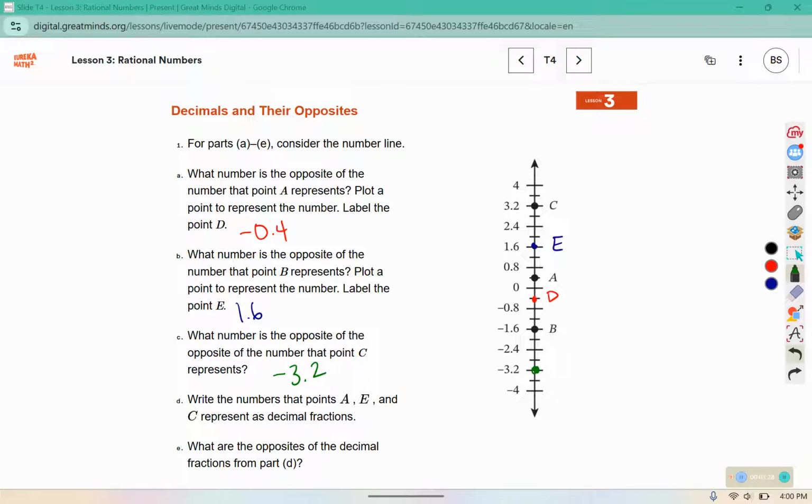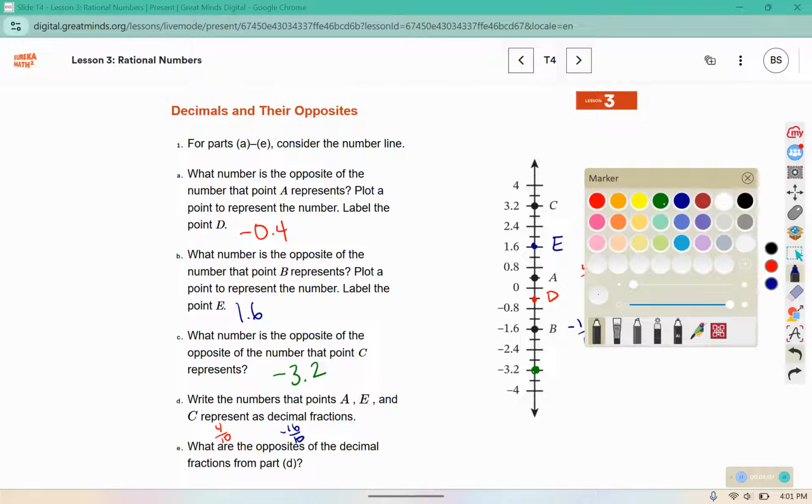Write the numbers that points A, E, and C represent as decimal fractions. So for A, we had 0.4, that's 4/10. For point B, we had 1.6 or -1.6, so that is -16/10.